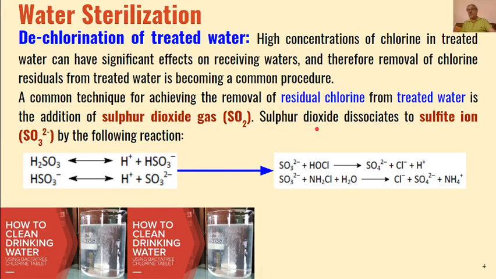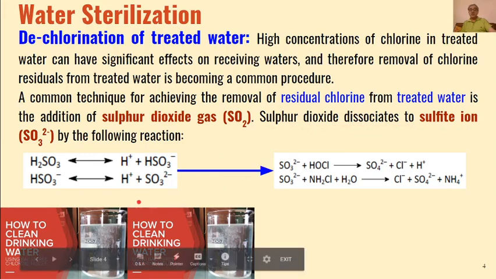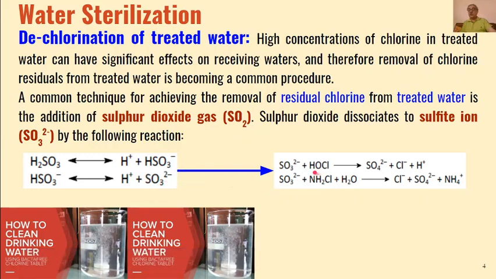So sulfur dioxide basically dissociates to give us sulfite ions, and these sulfite ions react with HOCl, which is present in the form of excess chlorine. Excess chlorine means chlorine with water that has been converted into HOCl. So the sulfite ions which have dissociated from this H2SO3 will react with HOCl, and we will get chloride ion, sulfate ion, and H+ ion.